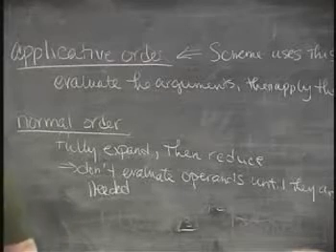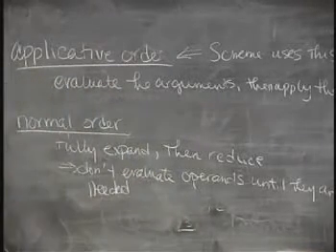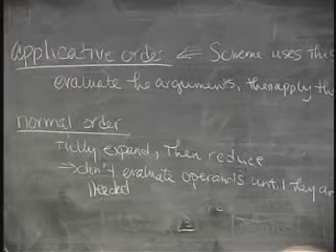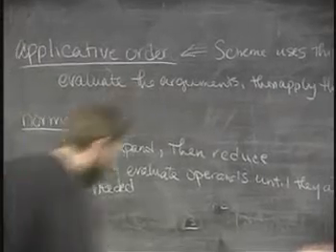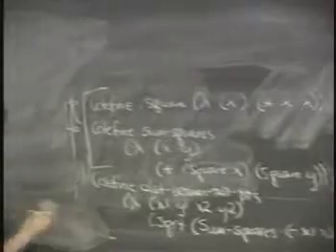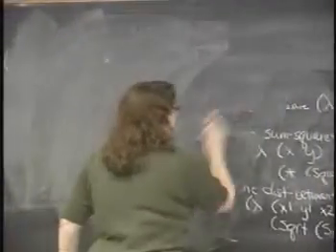So to see the difference between the two, we've already done a large substitution model that used part of sum of squares. Let's just go through what sum of squares would look like if we were doing normal order evaluation.